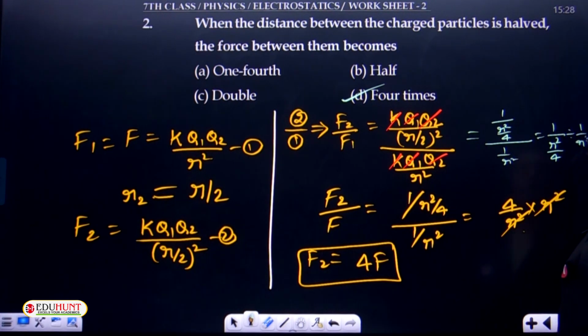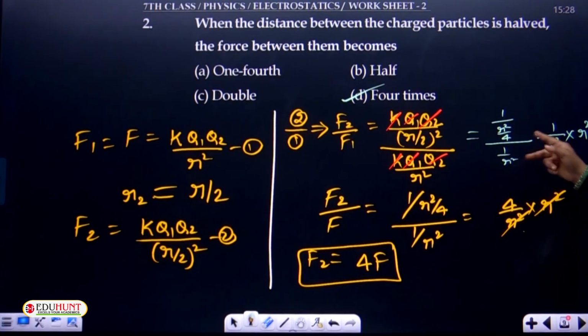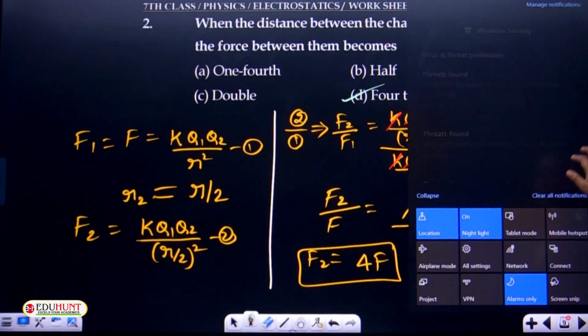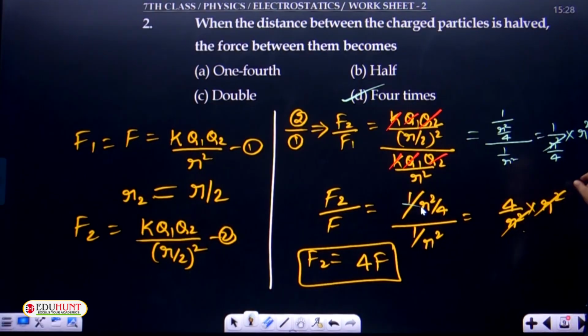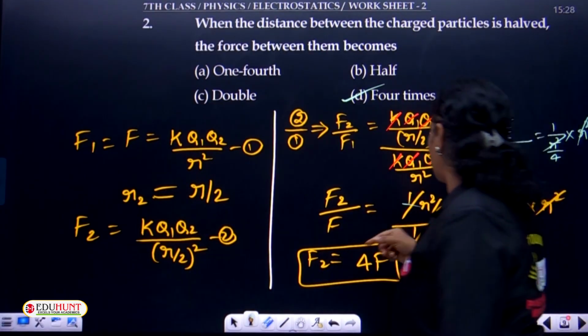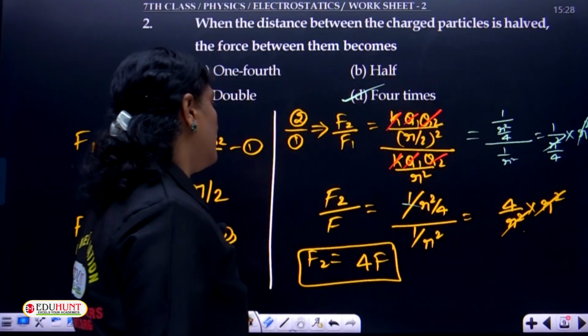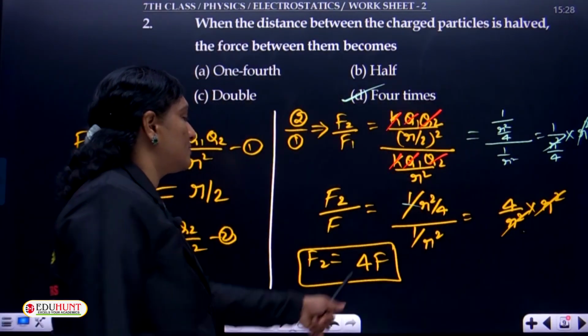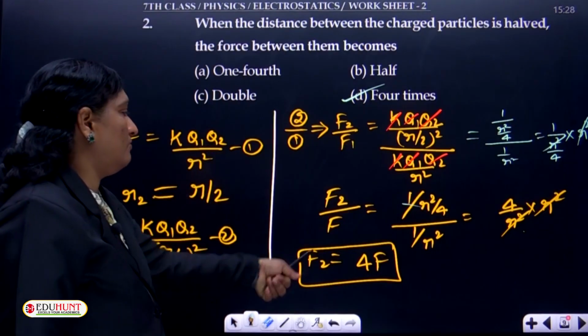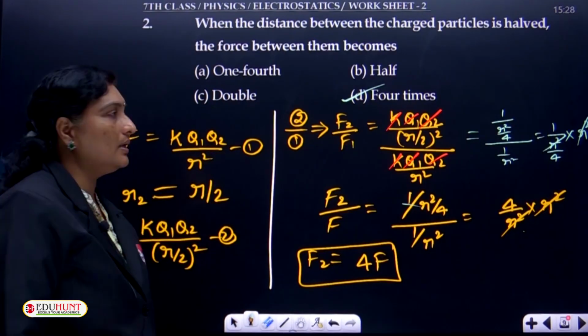Dividing by 1 by R square can also be written as multiplying by its reciprocal, R square. So division is multiplication. This R square gets cancelled, and the 4 will come upwards. So F2 by F1 is equal to 4, or F2 is equal to 4 times the value of the force. Hence it becomes 4 times.